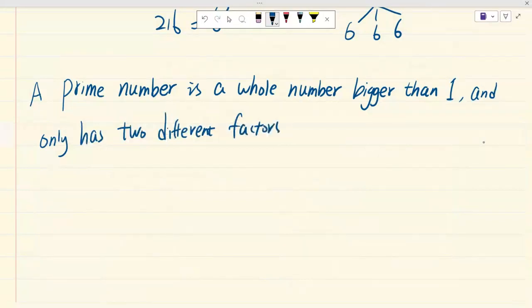The 2 different factors are 1 and itself. Write down the definition of a prime number. Very important. A prime number is a whole number that is bigger than 1 and only has 2 different factors.